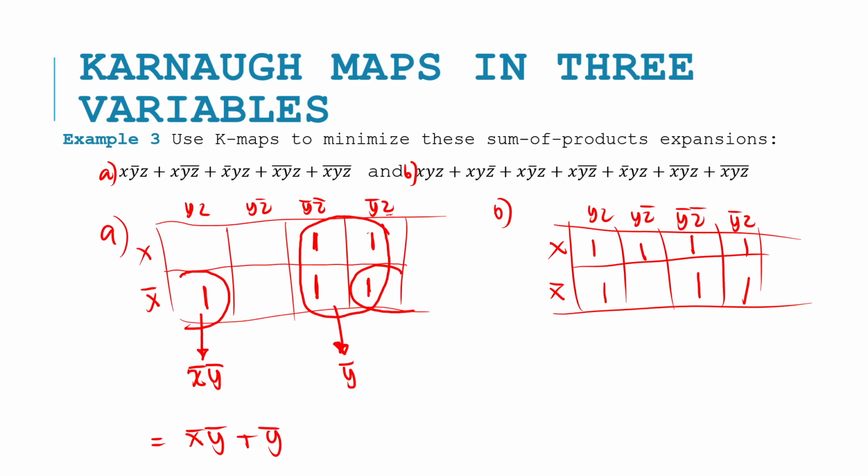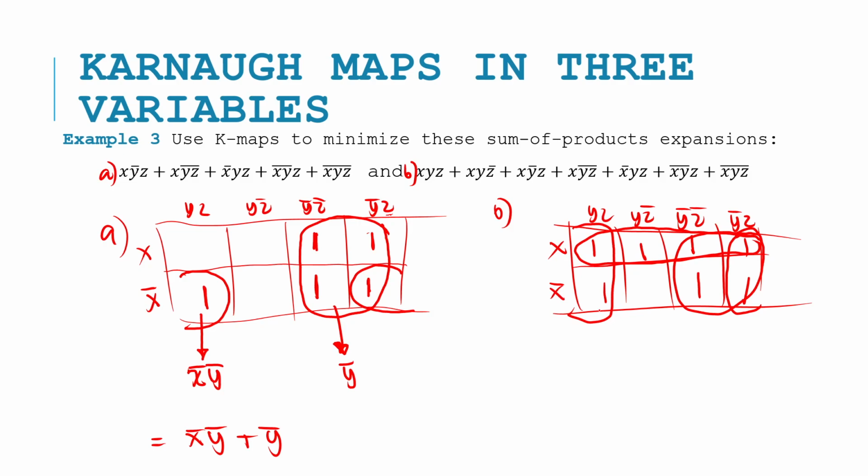So how could we group this? Again, we have to group this in a way where we would have the largest group possible. So this is one group. Okay, that's one group. This is also one group, the adjacent ones, and this is one group for this one here.